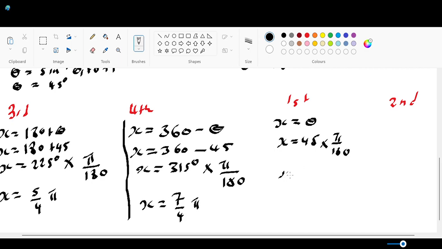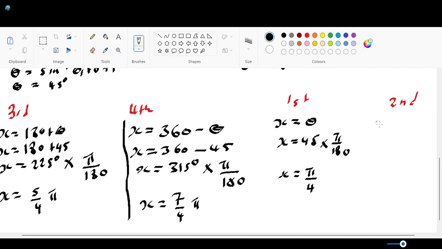Remember, do not forget to leave the answer in radians. So what is our answer? 45 multiplied by pi over 180. So what do we get? We get pi over 4. Oh, by the way, this is 8, guys, not 6.